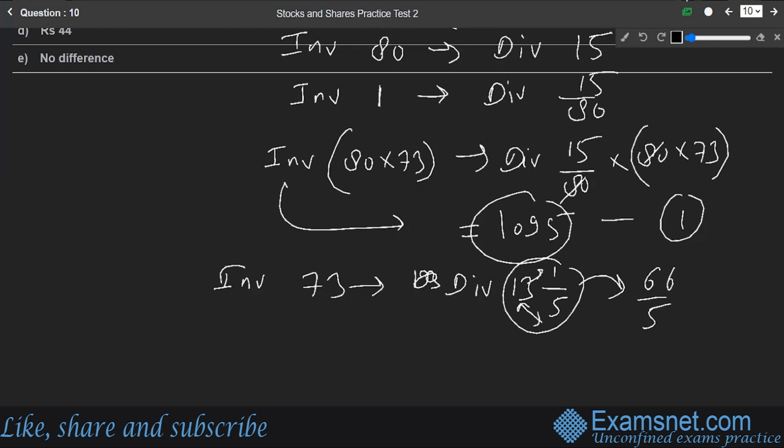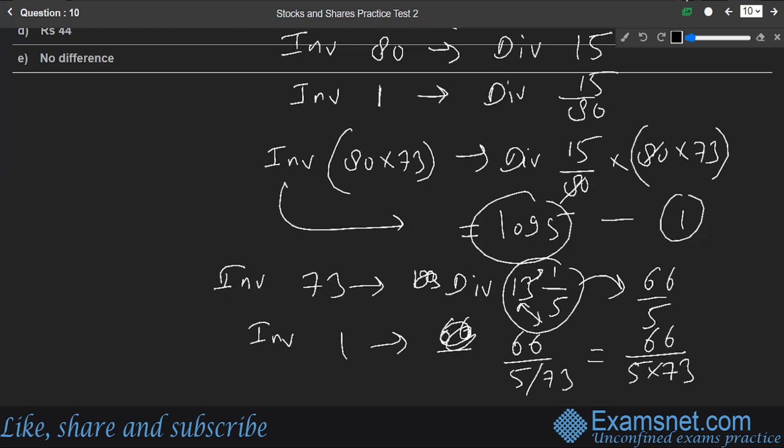So an investment of 1 rupee will fetch 66 by 5 divided by 73. That means the 73 will go to the denominator. So this can be written as 66 by 5 into 73.